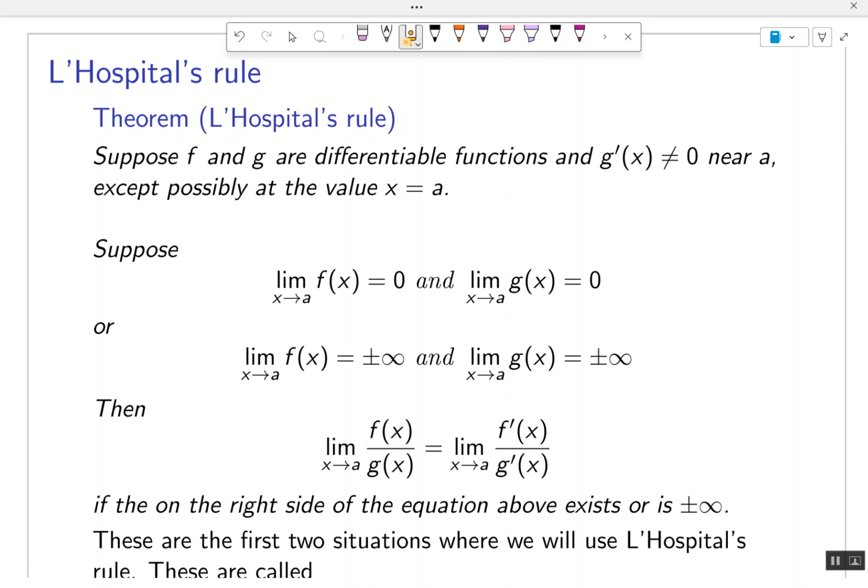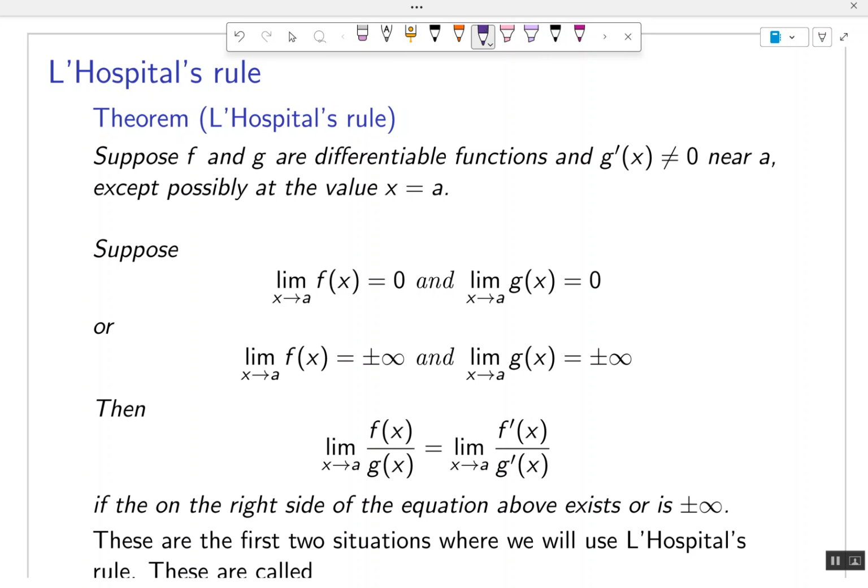Sorry, f and g are the numerator and denominator functions, as in this expression. Or the top and bottom both go to positive or negative infinity. Then this limit equals the limit where we have the quotient of the derivatives.